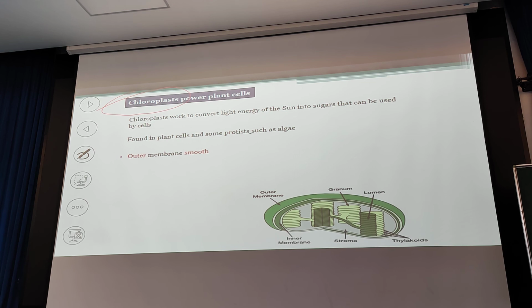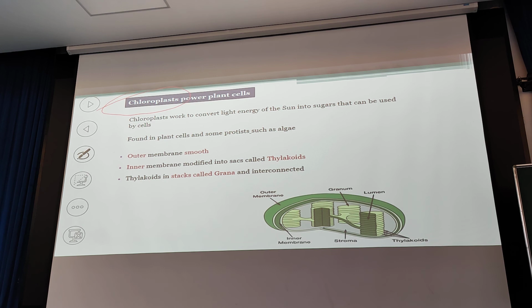Similar to the mitochondria, they have two membranes. The outer membrane is smooth, and the inner membrane can be modified into sacs we call the thylakoids. And the thylakoid sacs are interconnected to form the grana.